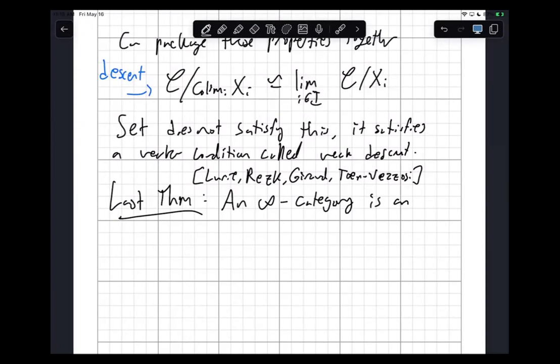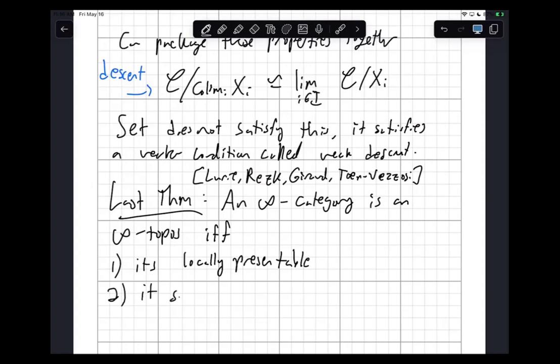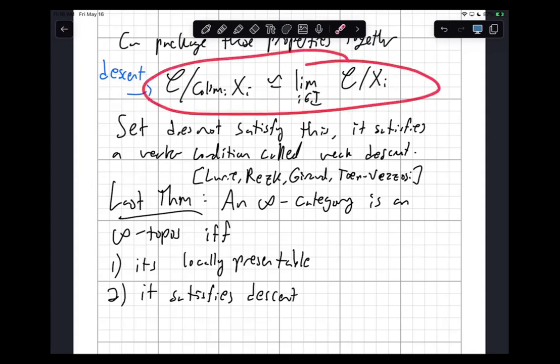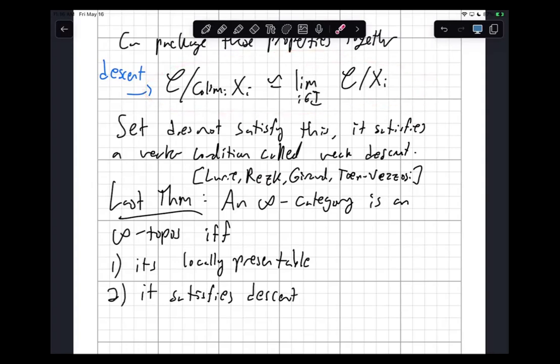is an infinity topos if and only if it's locally presentable in some infinity sense, and it satisfies descent. This kind of descent, where here everything is infinity.